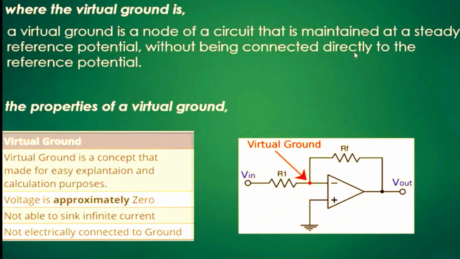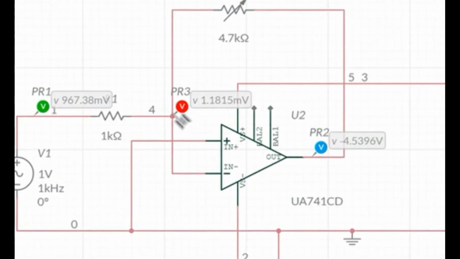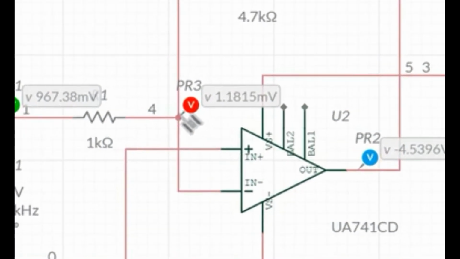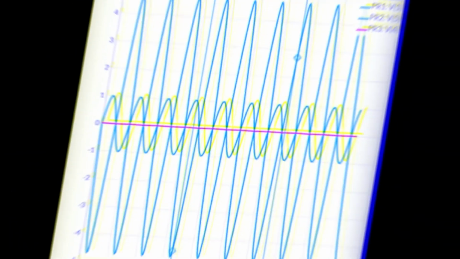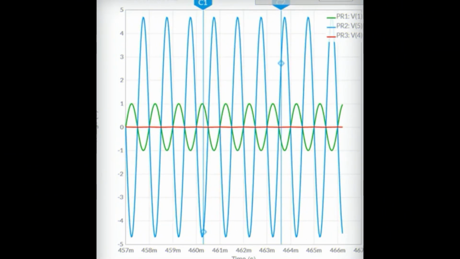As for the position of the virtual ground, a virtual ground is a node of a circuit that is maintained at a steady reference potential without being connected directly to a reference potential. This is the example of the circuit, and the red dot shows the virtual ground. This shows the waveform, and the red line is the virtual ground.